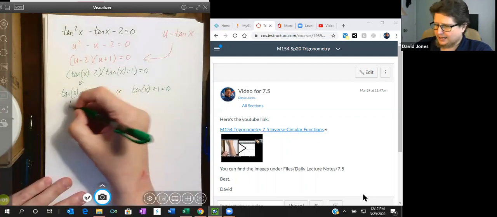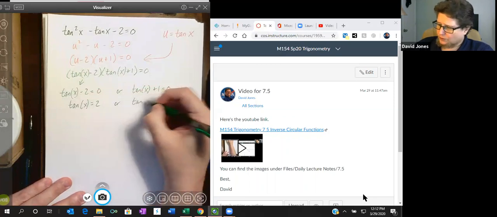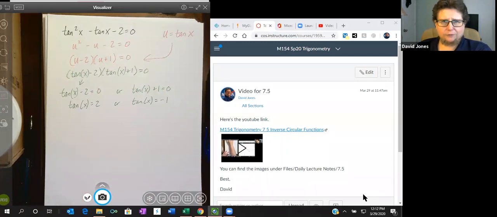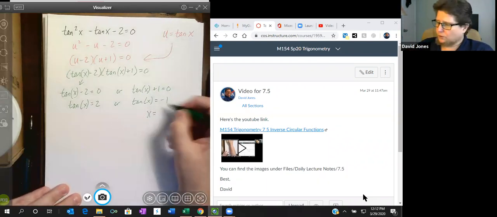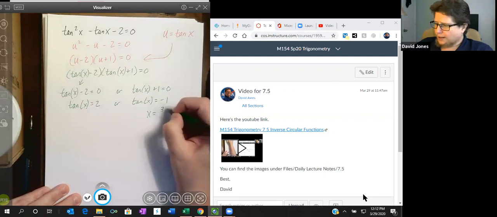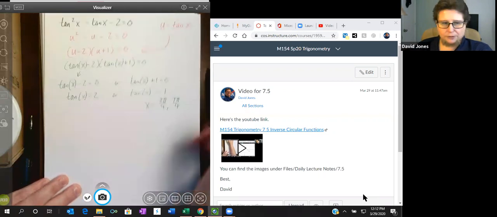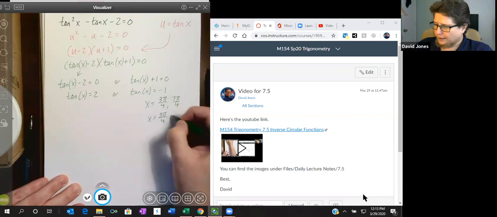And we get tangent x equals 2, or tangent x equals -1. We know the values for when tangent x equals 1 or -1. Those are on the diagonals. The negative ones, this is when x equals 3 pi over 4, 7 pi over 4. You can keep doing laps around: 3 pi over 4 plus n pi.